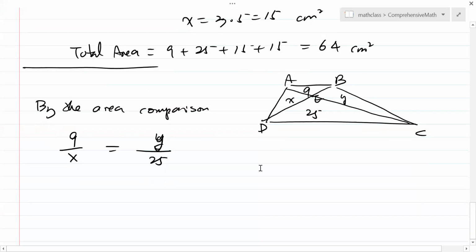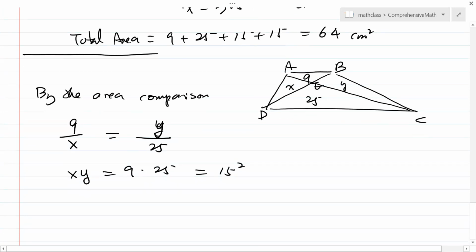All right, so the problem is x times y is going to be 9 times 25, which is 15 squared. Since I don't know whether y equals 15, I have a problem here.